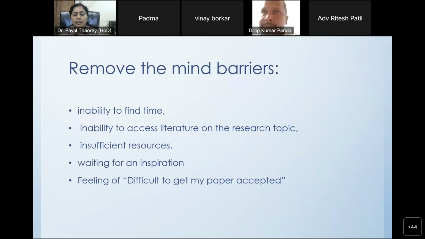paper. Now, the next thing which students often complain about is the inability to access literature on the research topic. Many times students come to us and say, ma'am, there is no material on this, this is not even a topic, there is nothing on Google about it. But believe me, friends, if you are searching something on Google and not getting anything, then that is the best topic on which you can write, because nobody has worked on that.